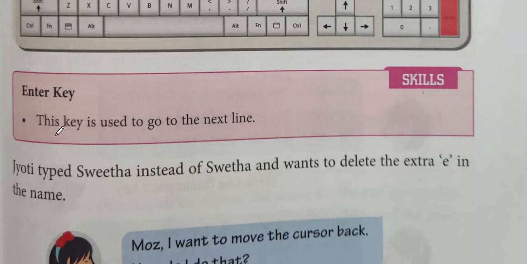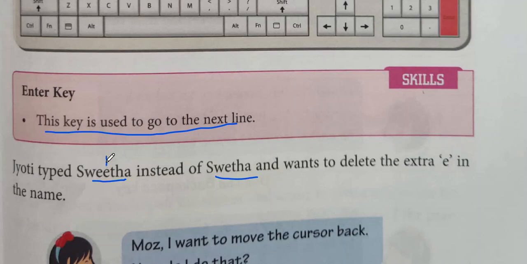Jyoti typed Swetha instead of Swetha and wants to delete the extra E in the name. For example, here she has written Swetha but she wants to write Swetha. So for that, how can she remove this extra E?